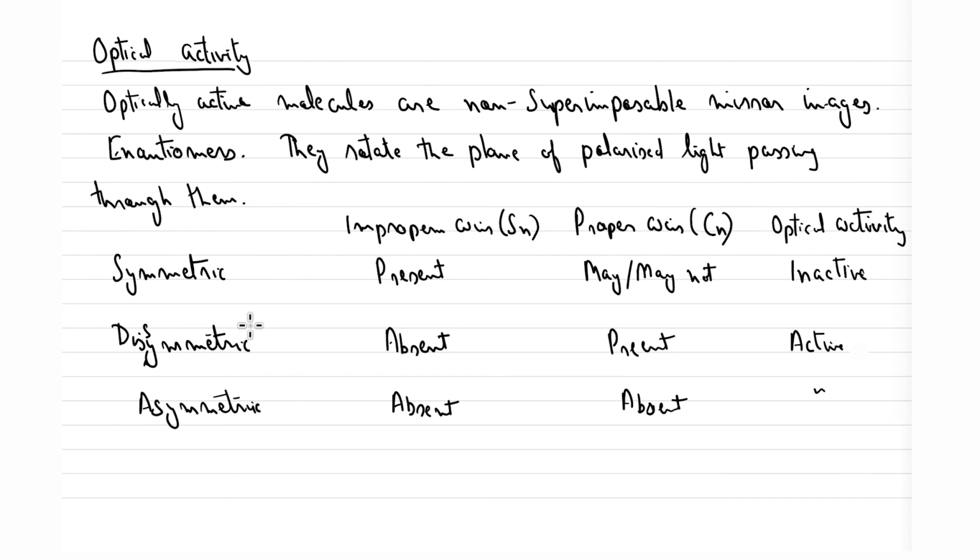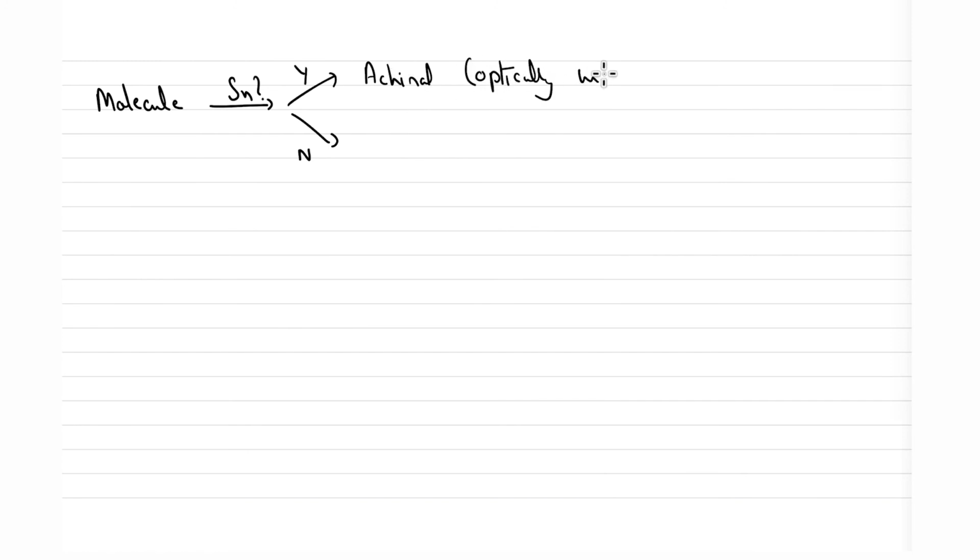Or another way to identify this: if you have a molecule and you ask whether an Sn axis is present or not, you will get two answers. I'm trying to write a flow chart, yes or no. If Sn is present, then you assign it as achiral, and achiral is optically inactive. If Sn is not present, then you call it chiral dissymmetric.